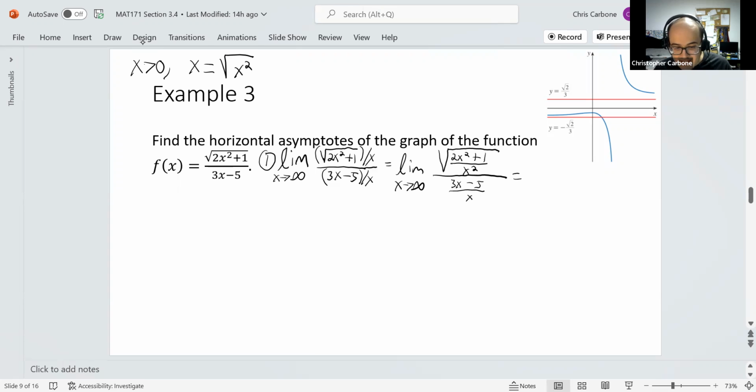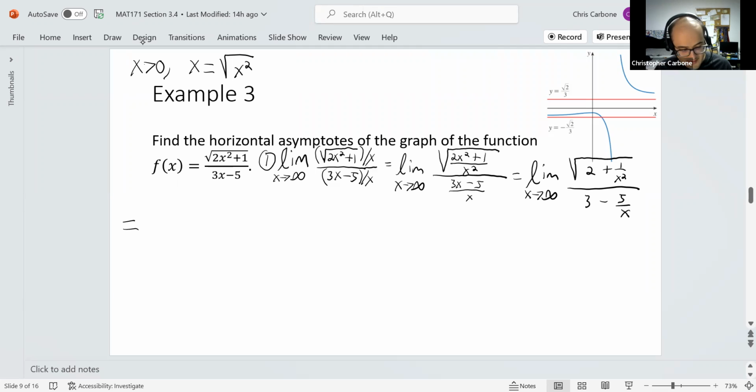And we can rewrite this as the limit as x approaches infinity of the square root of 2 plus 1 over x squared, all divided by 3 minus 5 over x. We divide by x because the highest power of x in the denominator is 1, so just x.